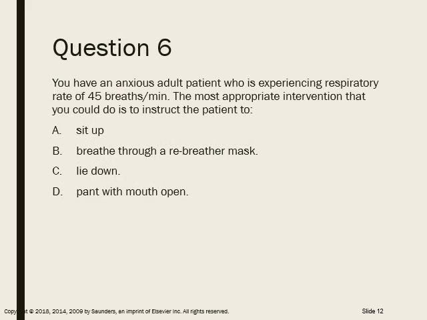Question 6. You have an anxious adult patient who is experiencing a respiratory rate of 45 breaths per minute. The most appropriate intervention that you could do is to instruct your patient to do what? Is it A, sit up, B, breathe through a rebreather mask, C, lie down, or D, pant with mouth open?